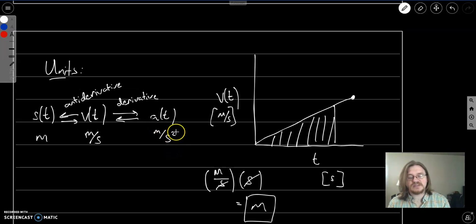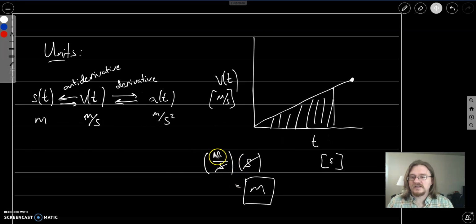So we're going from meters per second squared to meters per second to meters. If we wanted the antiderivative of position, I'm not sure what that would be, but it would be measured in meters times seconds.